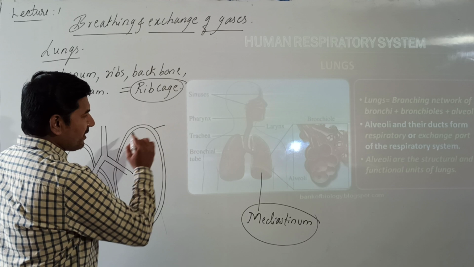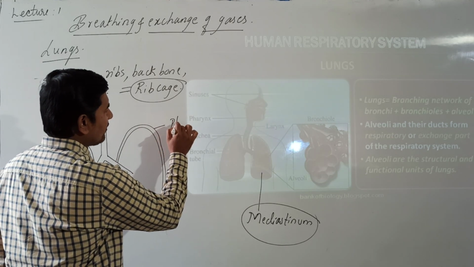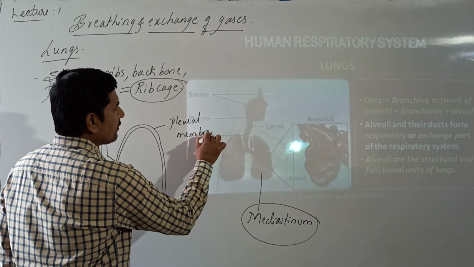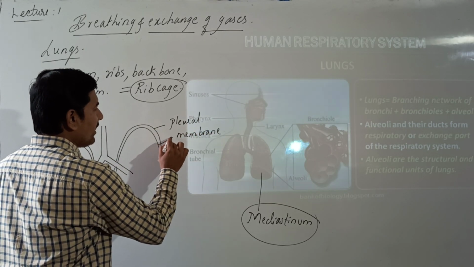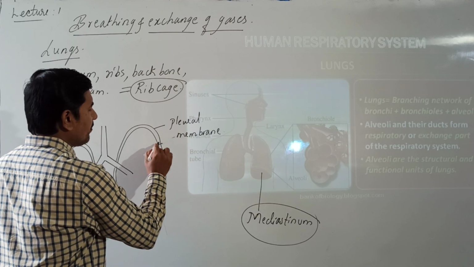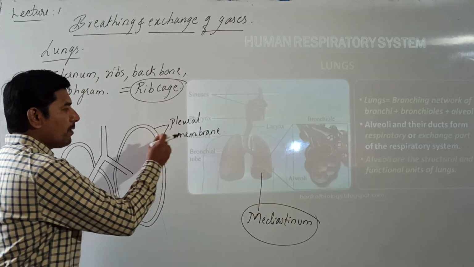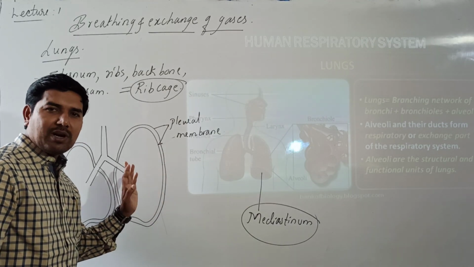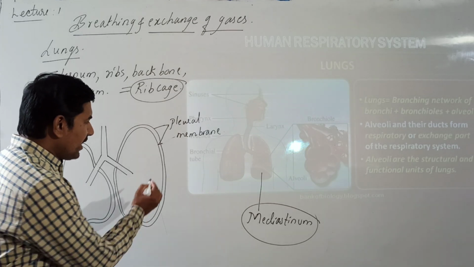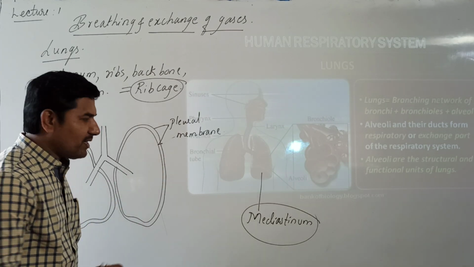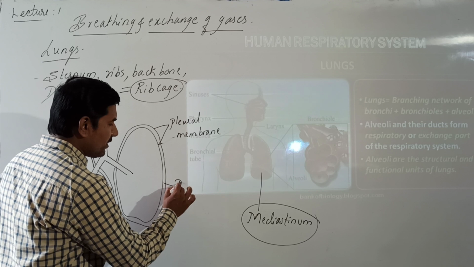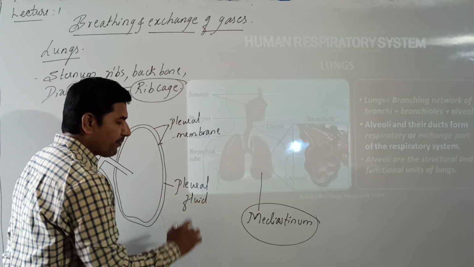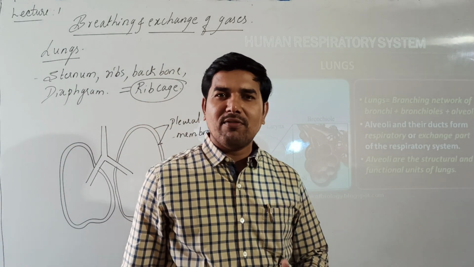The outer part is the pleural membrane. Outer and inner pleural membranes are there. So two membranes are there. In between these two membranes, there is a fluid, and this fluid is called the pleural fluid.